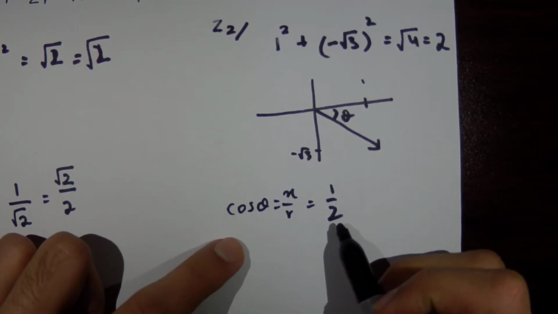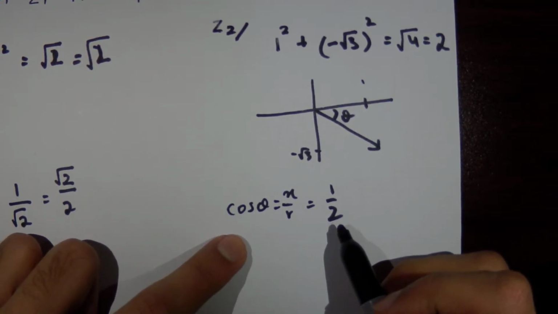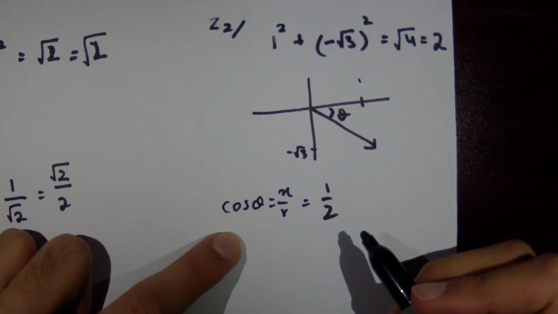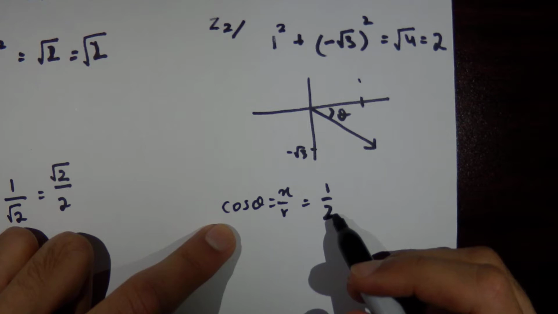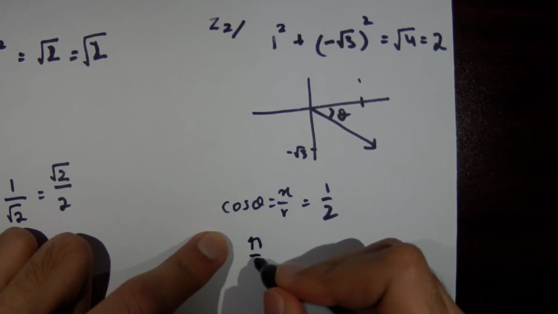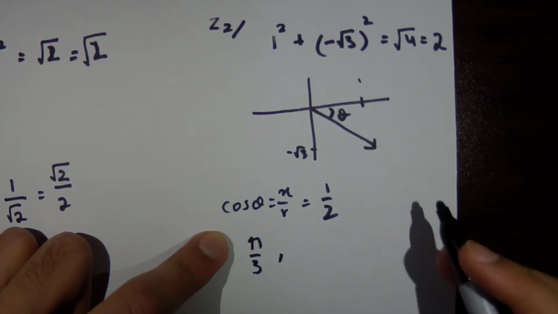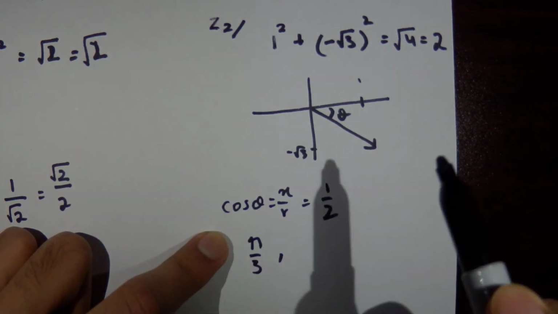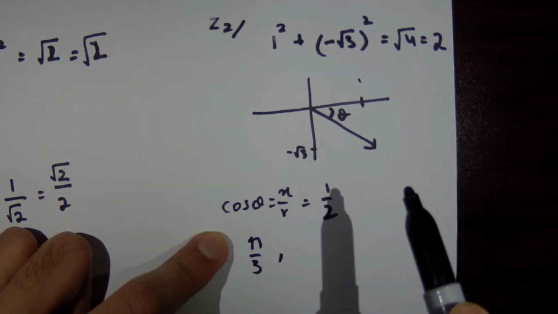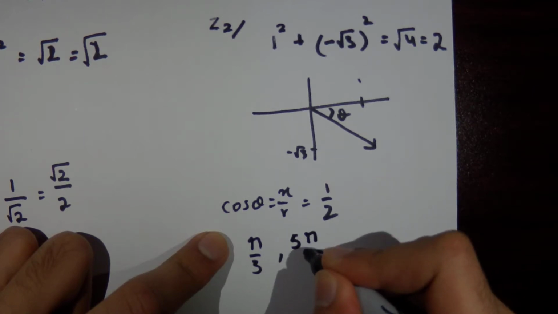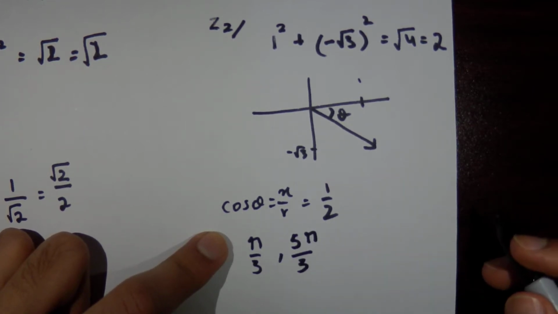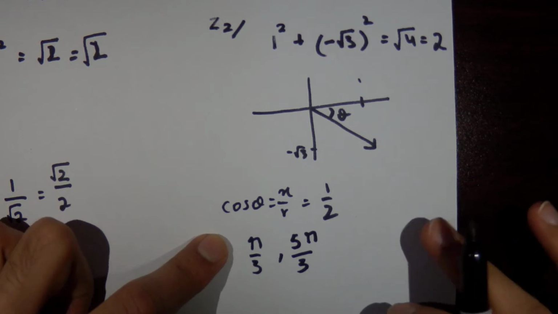And since cosine is positive, we have our CAST rule. Cosine is positive in the fourth and first quadrant, and the related acute angle in this case is pi over 3. So our angles are pi over 3 and 2 pi minus pi over 3, which is 5 pi over 3. There's our potential angles through cosine.